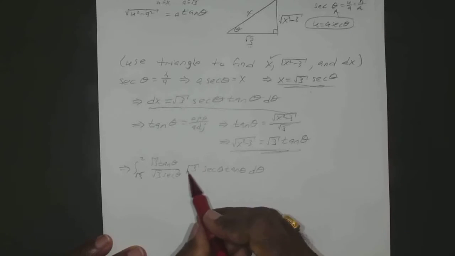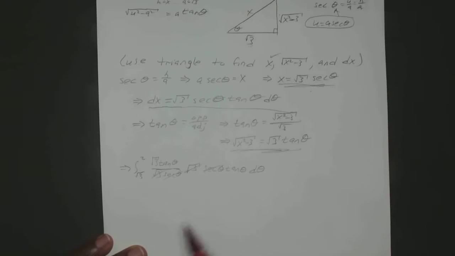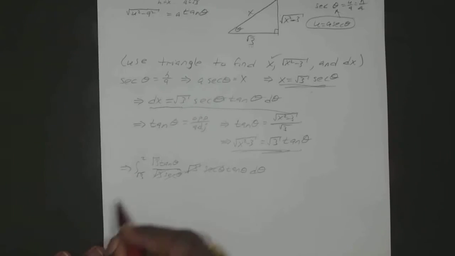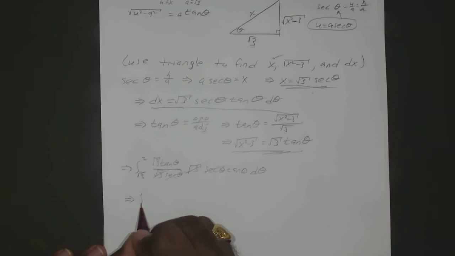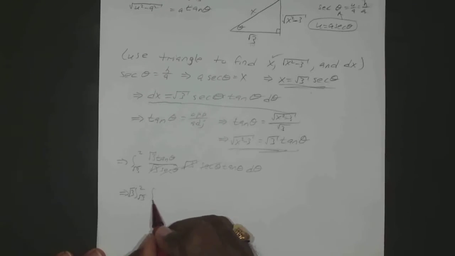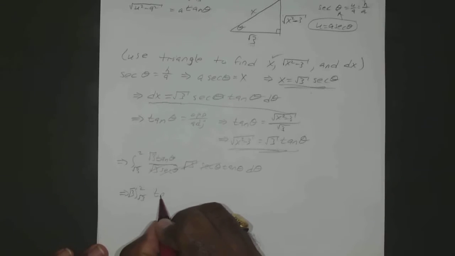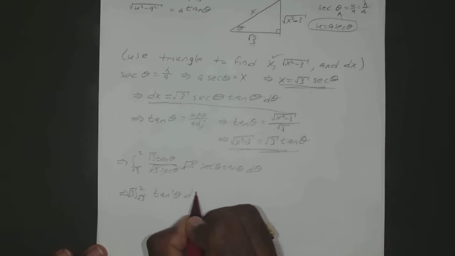And we simplify it. So these two cancel out, these two cancel out, and these two just become tangent squared. We can bring that square root of 3 right out to the front. So from square root of 3 to 2, the integral of tangent squared theta d theta.